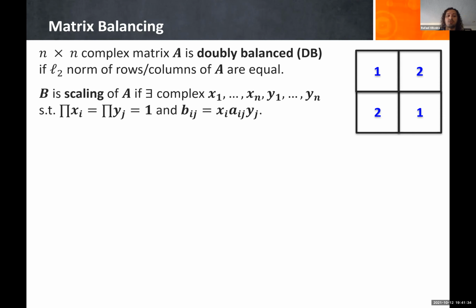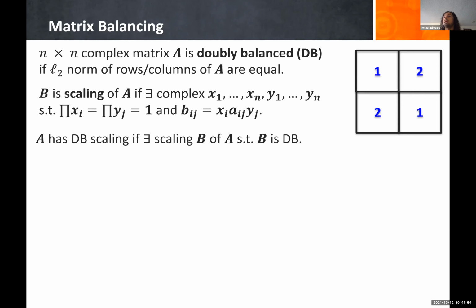So this is the action of this product of two torus groups on A. We just multiply: xi multiplies the ith row and yj multiplies the jth column. And then we say that A has a doubly balanced scaling if there's a scaling B of A such that B itself is doubly balanced.